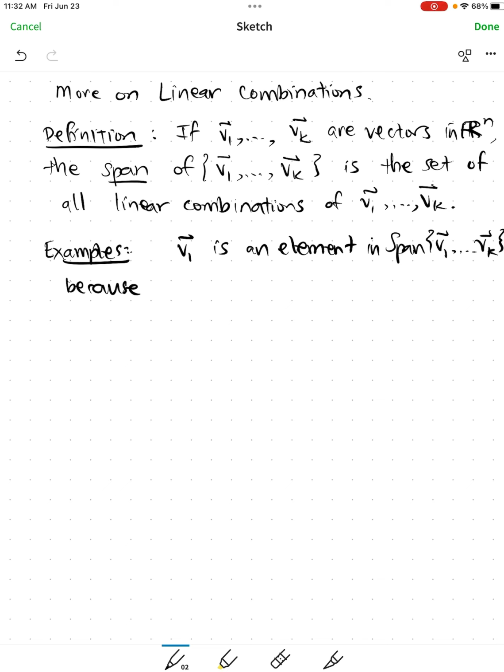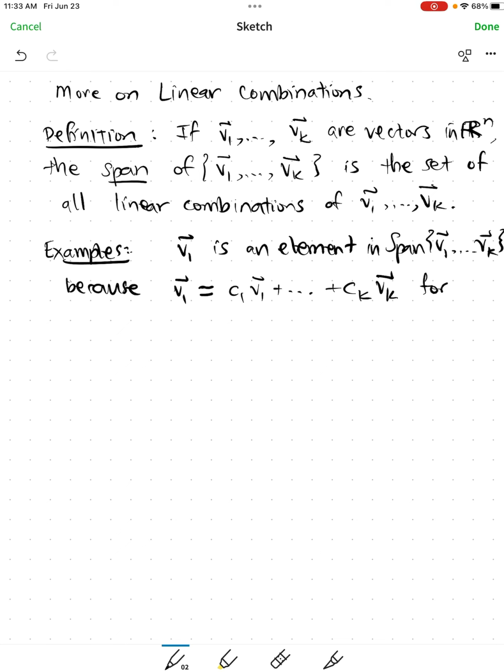Well, let's pause and ask ourselves what that is even saying. It's saying that v1 is a linear combination of v1 through vk, which means that you can come up with scalars c1 through ck such that c1 v1 plus dot dot dot plus ck vk is v1.